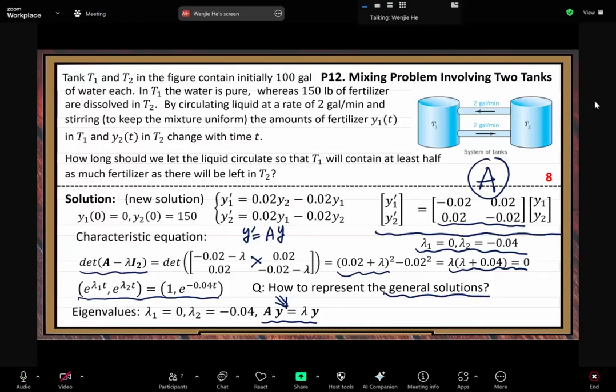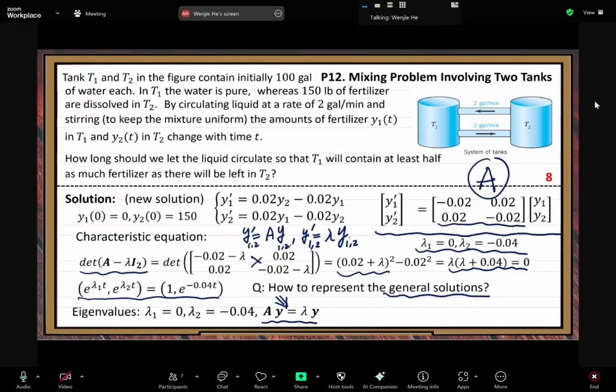So remember, last time we also derived y prime equals lambda y, if you use your solution vector, y1 or y2.